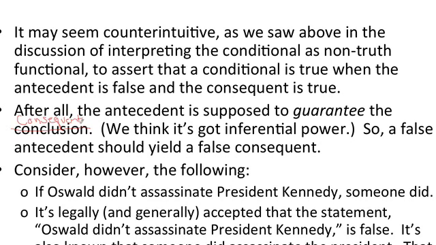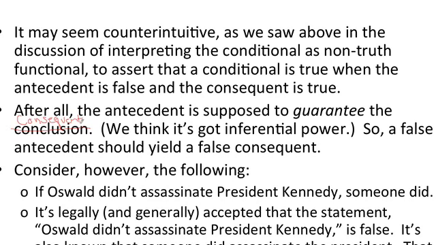In other words, just because the antecedent is false does not mean that the sentence, if this then that, is false. So when we say it's legally and generally accepted that the statement Oswald didn't assassinate President Kennedy is false, it's also known that someone did assassinate the president.